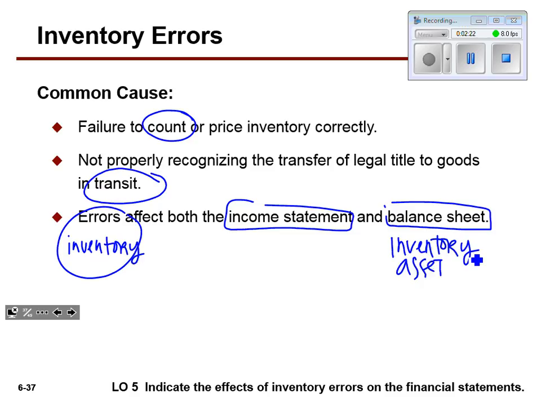And it also will throw your cost of goods sold and cost of goods available, as contra revenue accounts, off on the income statement. So it's going to look like you either have more revenue than you do or not as much revenue as you do, which of course will impact the bottom line, or net income.